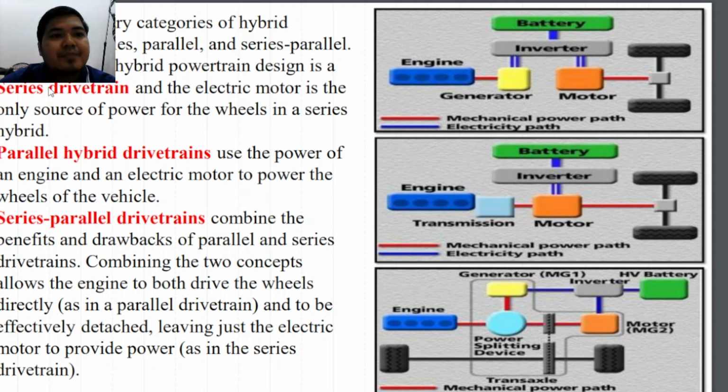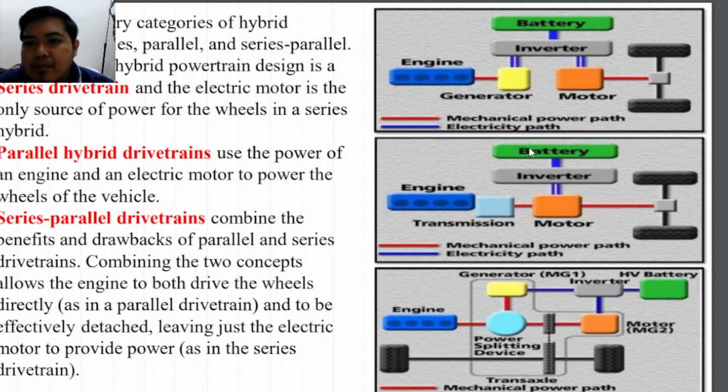So the first one, the most basic hybrid powertrain design is a series drivetrain, and the electric motor is the only source of power for the wheel in a series hybrid. Okay, second, the parallel hybrid drivetrain uses the power of an engine and electric motor to power the wheel of the vehicle.